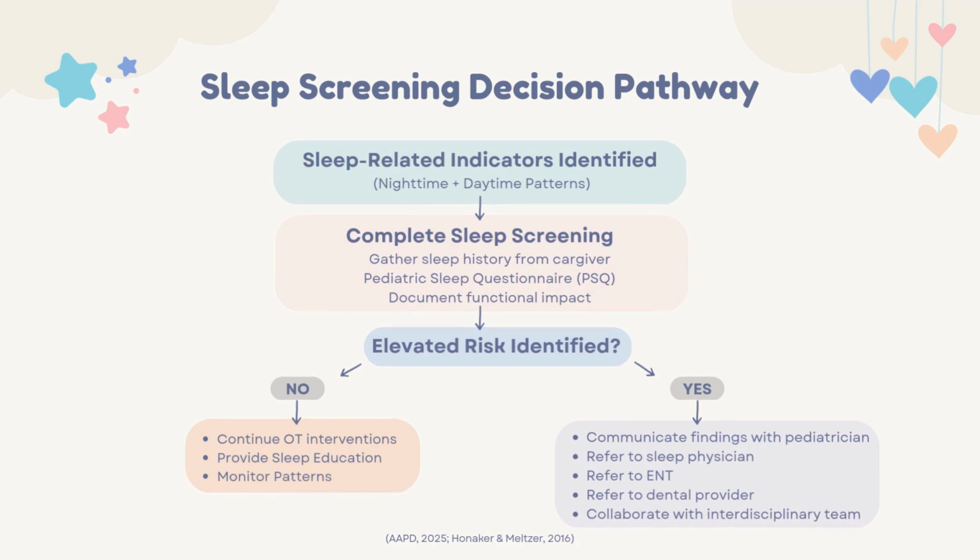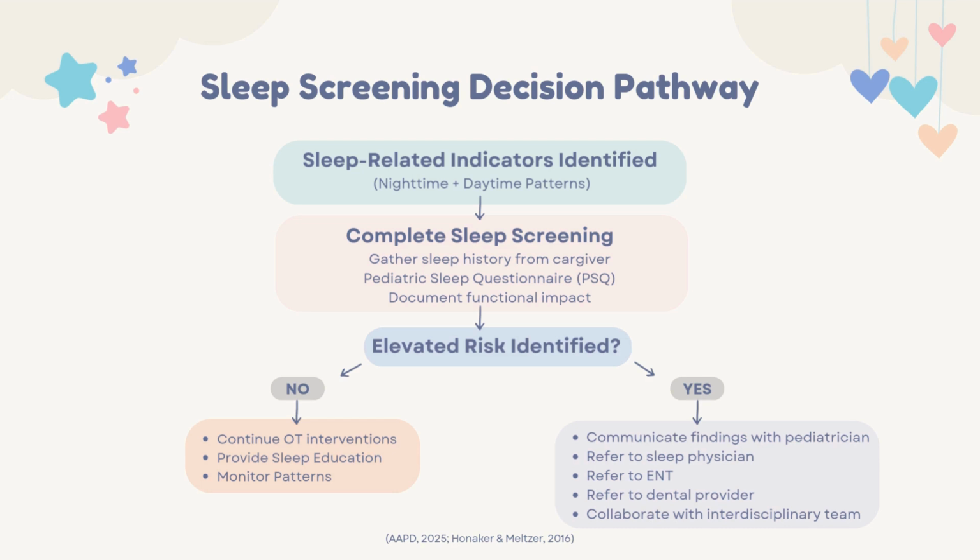This is a clear decision pathway. When sleep-related indicators are identified across nighttime and daytime function, we begin with structured screening. We gather caregiver history, use tools such as the Pediatric Sleep Questionnaire, and document functional impact. From there, we ask a simple question: does screening suggest an elevated risk? This may include persistent snoring, observed breathing pauses, an elevated Pediatric Sleep Questionnaire score, or continued functional impact despite routine support.